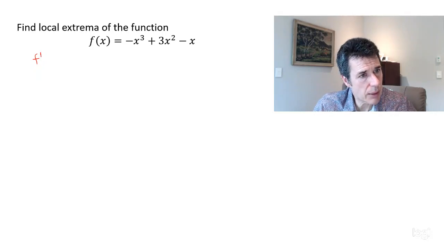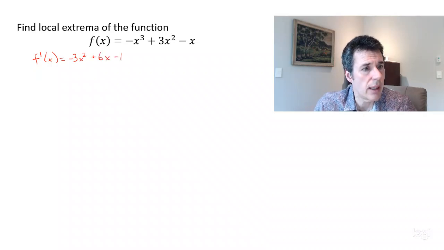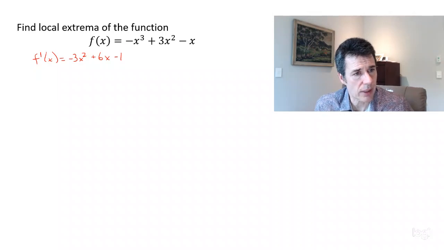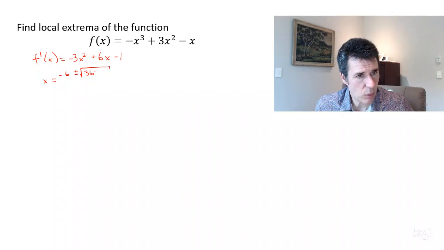f prime of x equals negative 3x squared plus 6x minus 1. This looks like a candidate for the quadratic formula, so x equals negative b, plus or minus the square root of b squared minus 4ac, 36 minus 4 times 3 is 12, all over negative 6.